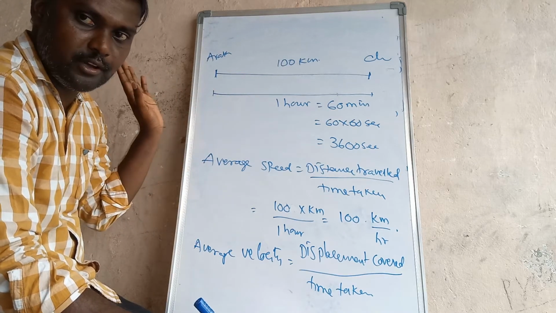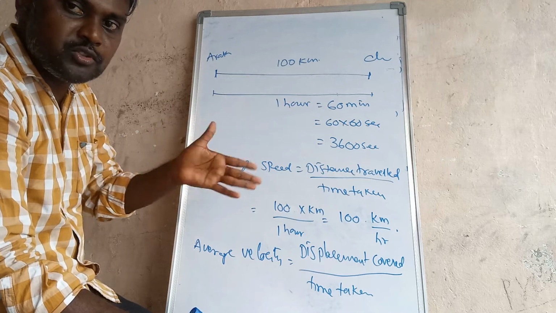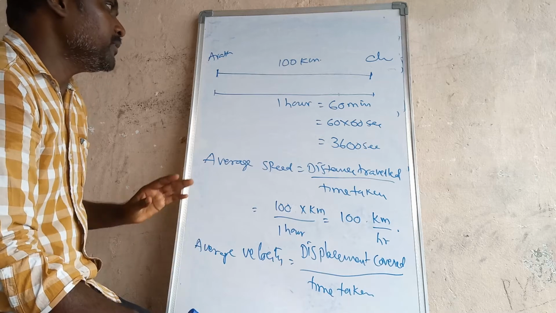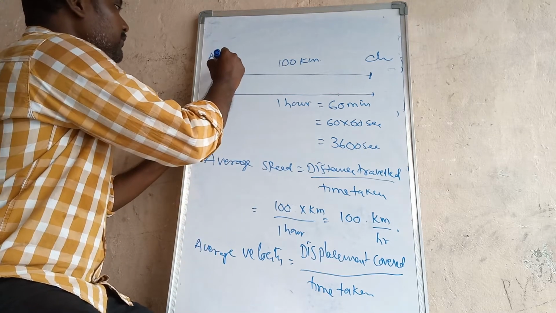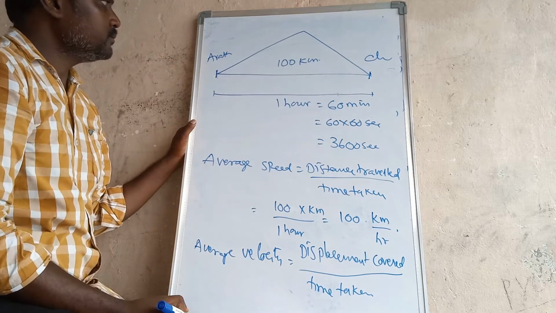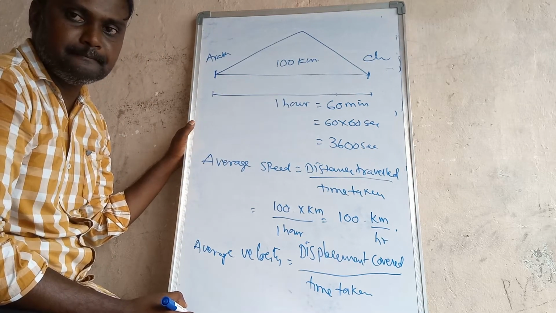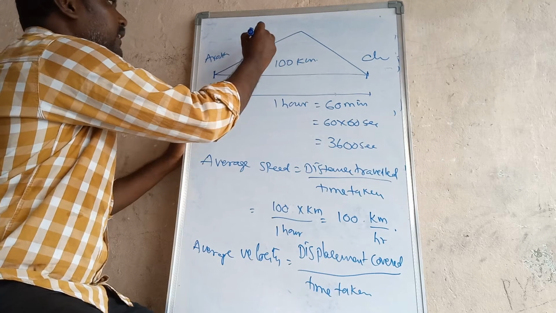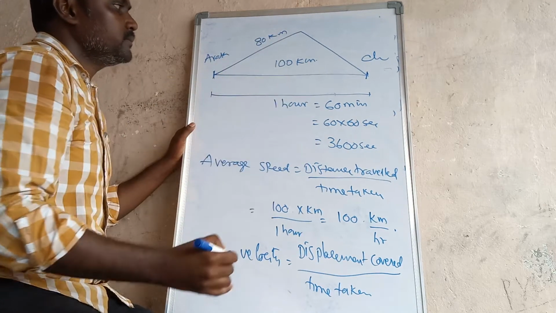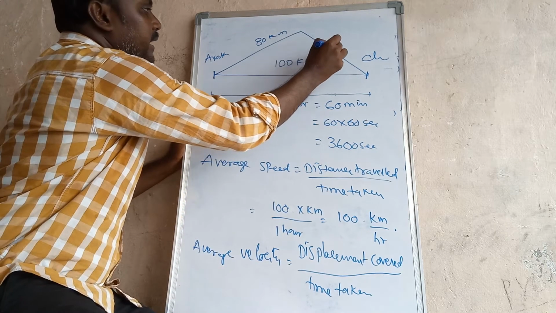This road is not straight, like this. Suppose you have traveled like this from Arakonam to Chennai, and let us say this is something like 80 kilometer, and this is like 50 kilometer.